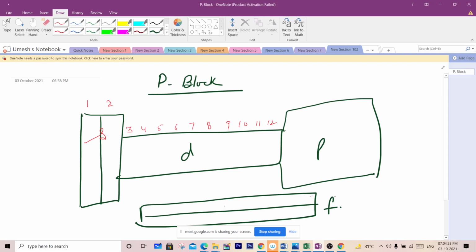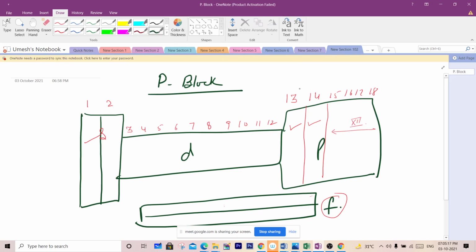F block is also in grade 12. In the P block we have groups 13, 14, 15, 16, 17, and 18. Group number 13 and 14 are in our syllabus. The remaining are in the 12th class, next session.